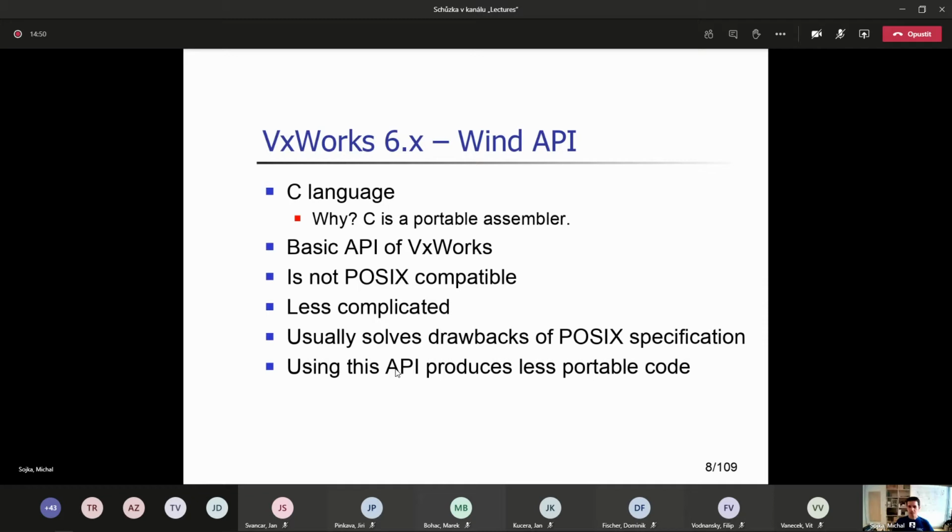Many Wind API functions have a timeout parameter, and you can just put a number there, and if the operation does not finish within the time, the function returns with an error. In POSIX APIs, it's not impossible to have timeouts, but it's much more programming, much more typing, and so on. So this is offered directly by the Wind API.